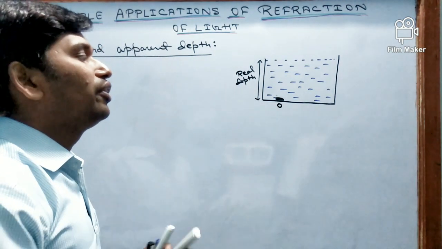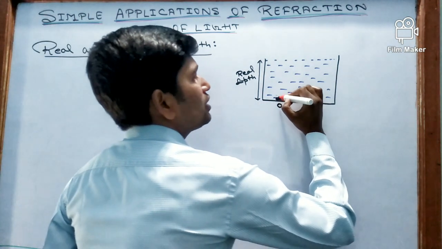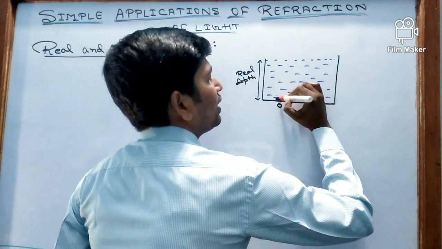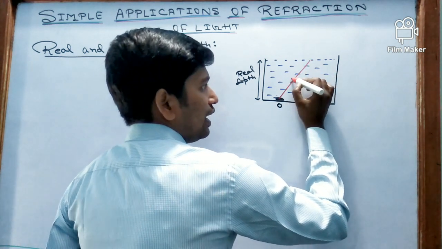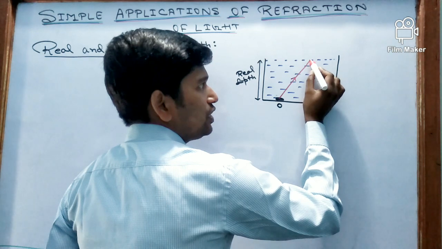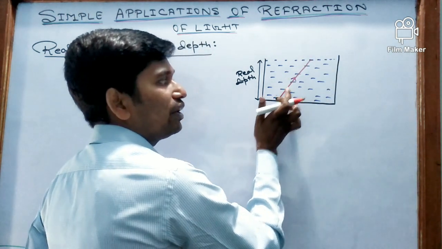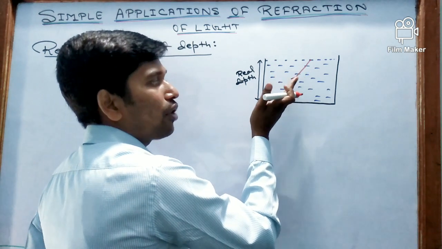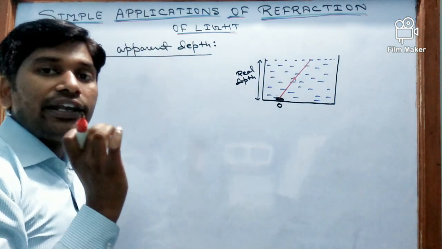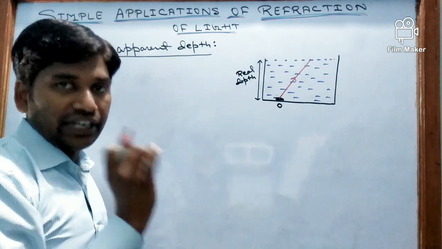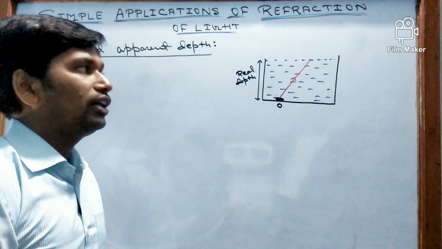But how do we see this? To see an object, the rays from this object start traveling. So one ray is traveling in this way. As it reaches this point, this is water, this side air. So the ray is traveling from water to air, meaning denser medium to rarer medium, so it will deviate from its original path.